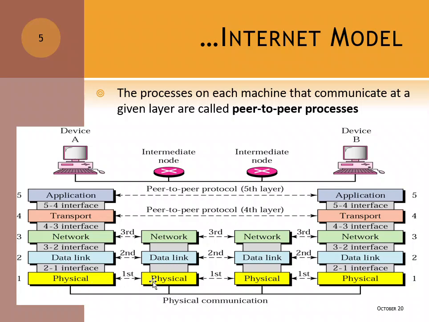Kemudian pergi ke physical layer, data link layer, network layer naik dan kemudian pass ke sini, turun balik, pass. Akhirnya sehingga sampai di receiver. Jadi hanya communication di peringkat physical layer sahaja yang direct. Yang lain tu has to go through other layers.